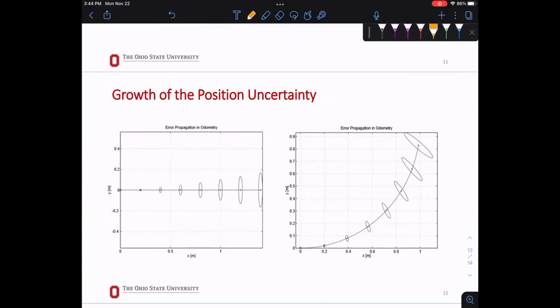What does it say? This says that if I was going to go on a straight line, I might go like this. So the error propagated, right? You could go on a straight line, that's one possibility.